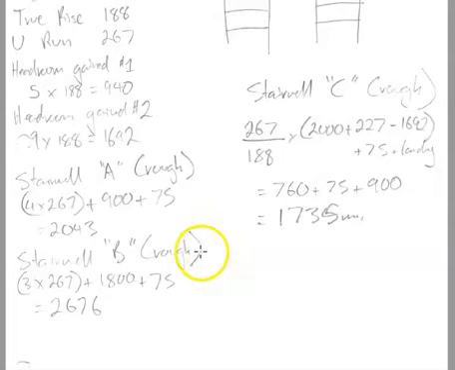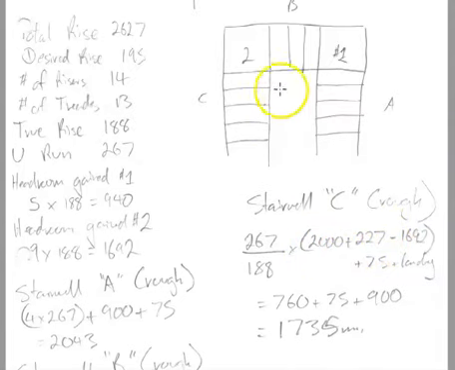Stairwell C now is where we actually calculate where to frame the floor above. We're going to punch all these things into our formula. So we have our run over our rise times, we have the headroom, 2000, plus the floor frame. But what we have to do now is subtract the headroom gained at this level.